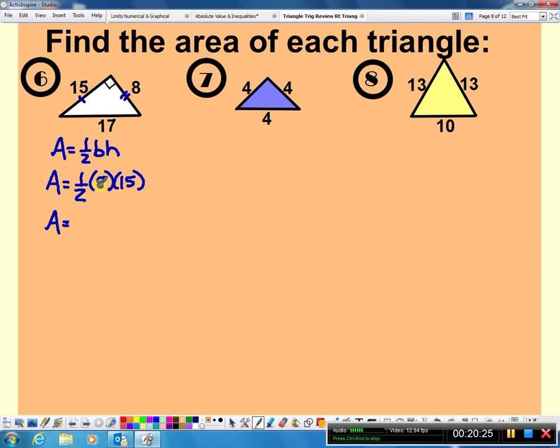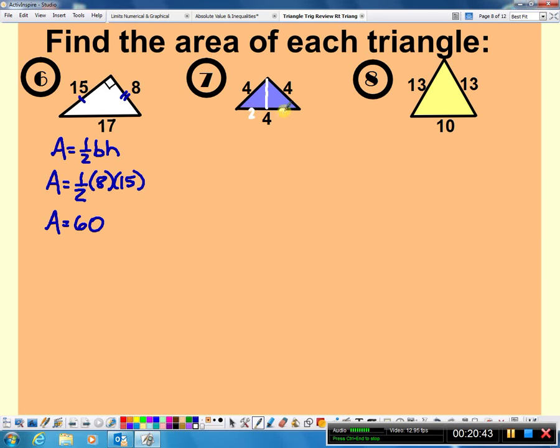On the blue triangle, I can either approach it by dropping an altitude. Drop the altitude in white. I can drop the altitude and say, okay, the base gets divided into 2 and 2. Then I could divide it into 2 30-60-90 triangles.